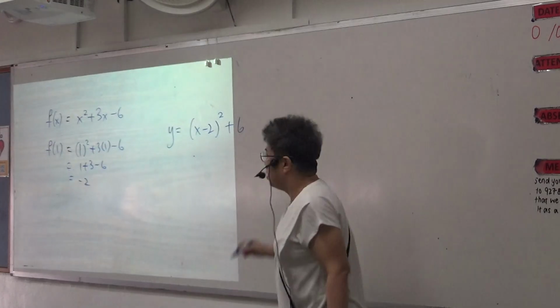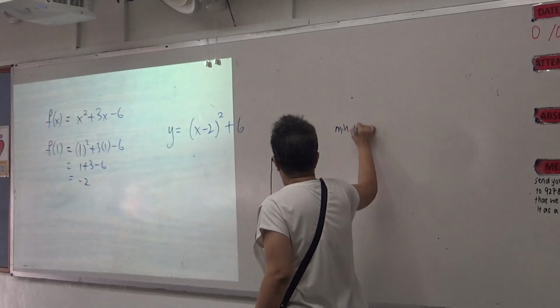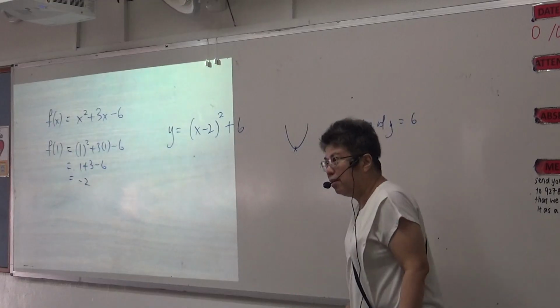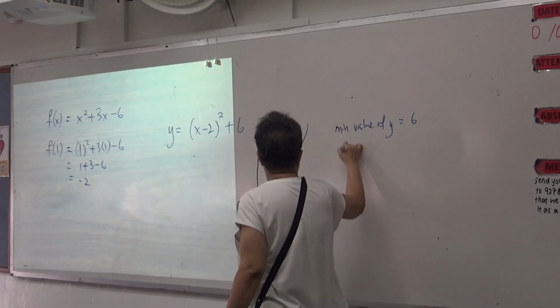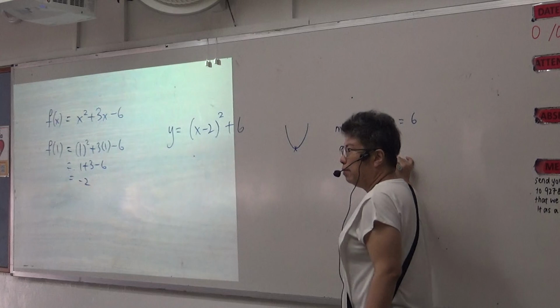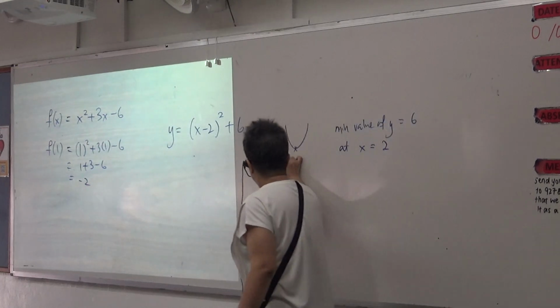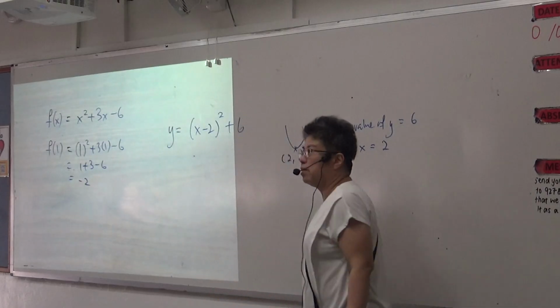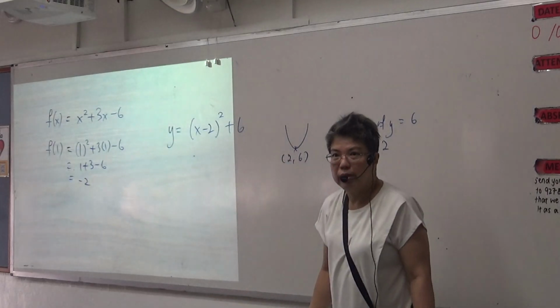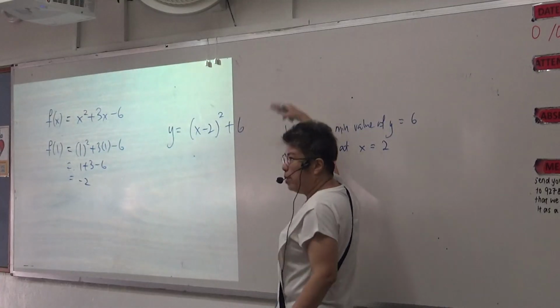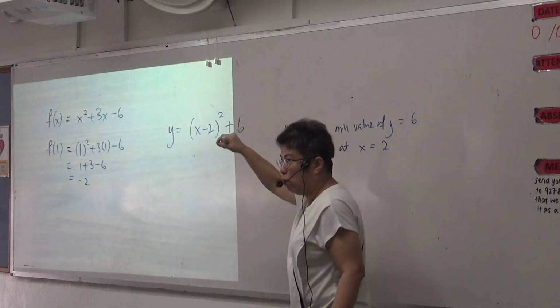This minimum value of y will be 6, right? And it occurs at x equals to what? 2. Correct? Okay? That means this minimum point is (2, 6). Everybody clear? That means all the values of y must be bigger than or equal to 6. 6 is the least value.